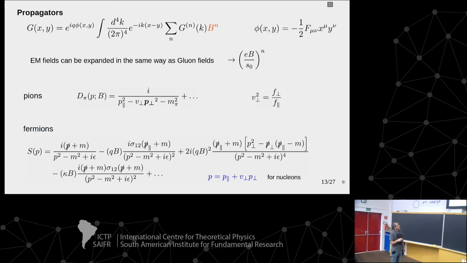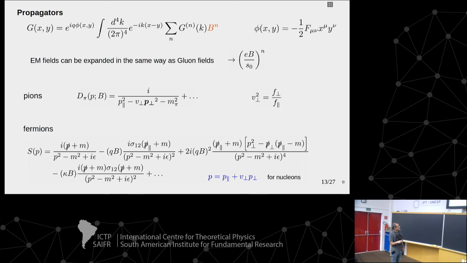In the case of pions, for example, we can parameterize it with a pion velocity that is related to the decay constants. Also, we can define the screening mass as the pion mass divided by the pion velocity. In the case of fermions, we can put in this expanded propagator.